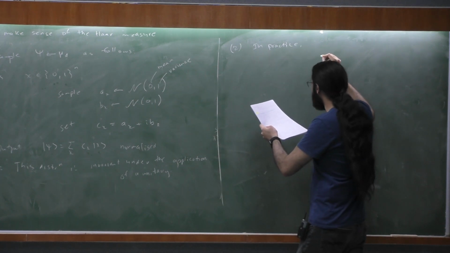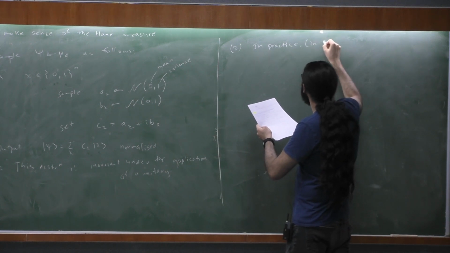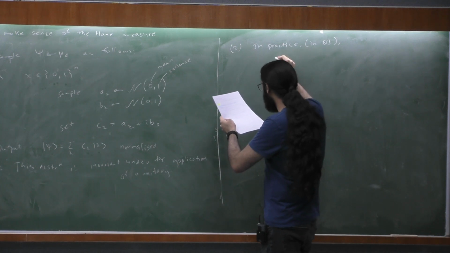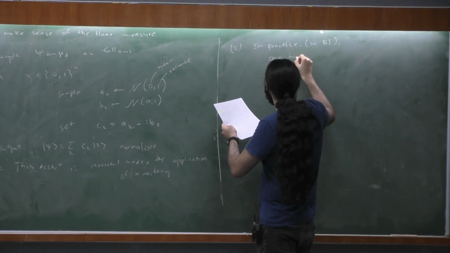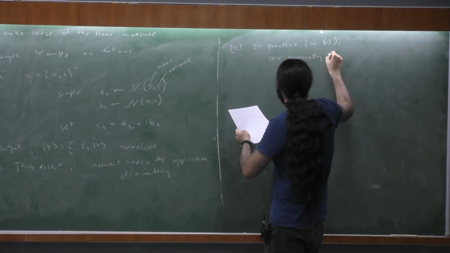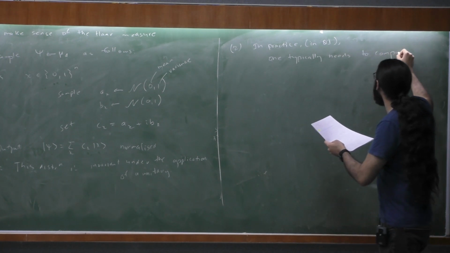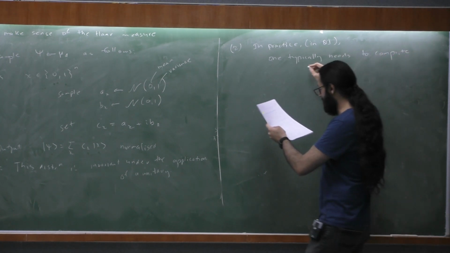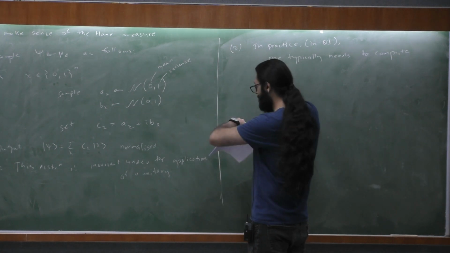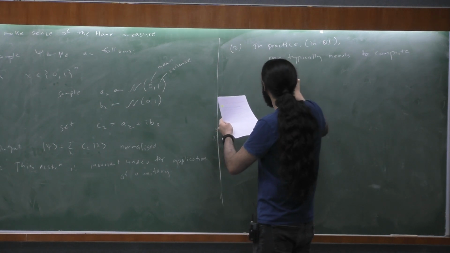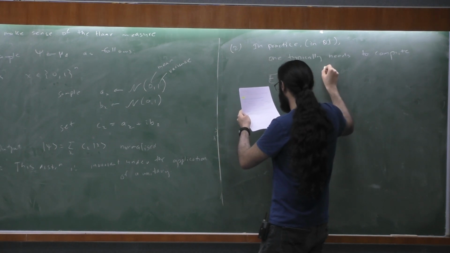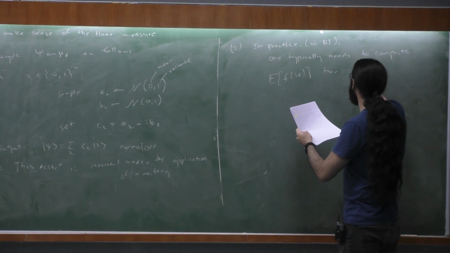Okay. And then in practice, by this he means in quantum info. So in QI, one typically needs to compute these kinds of quantities: expectation of f of U, for functions of a certain kind.